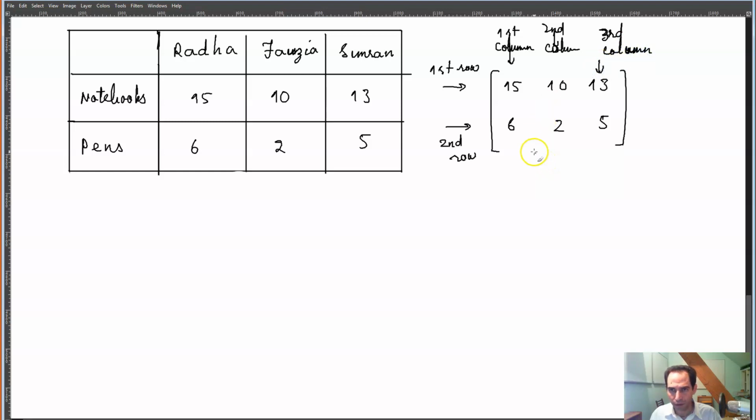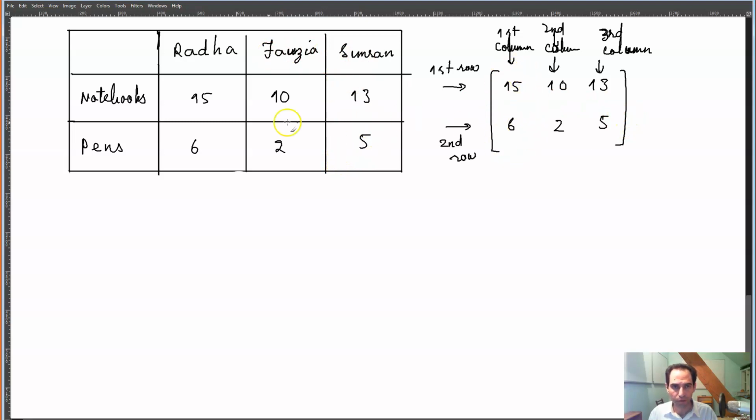Right? Now I'm writing this information with the understanding that the first row refers to the number of notebooks of all the three people individually. The second row refers to the number of pens possessed by those three people individually.